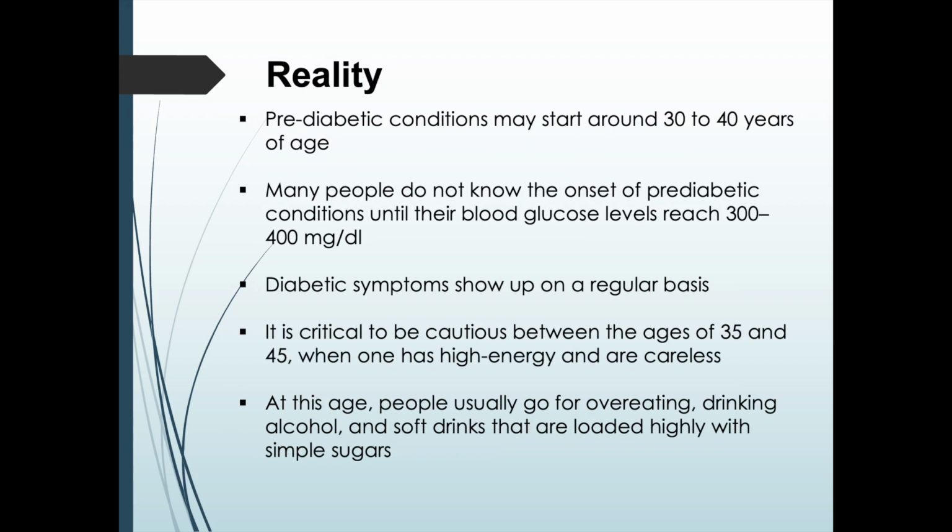And the reality is this. Pre-diabetic conditions may start around, as I said before, 30 to 40 years of age. Many people don't know the onset of pre-diabetic conditions until their blood glucose level reaches 300 to 400 milligrams per deciliter. For example, nobody goes to the doctor at the age of 30 or 35 to check their blood level, right?